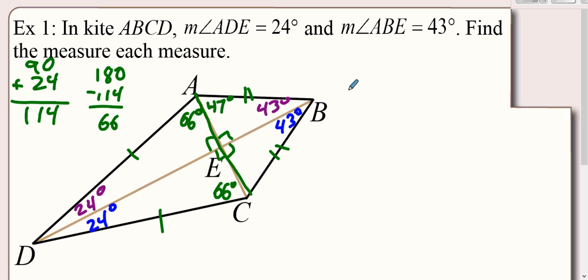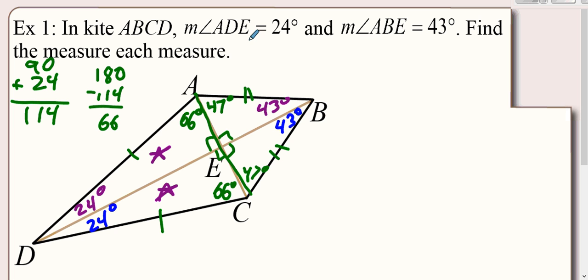AB and BC, those sides are congruent, so these angles here are also congruent.